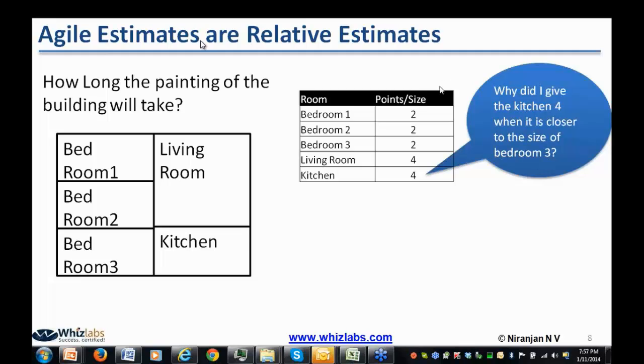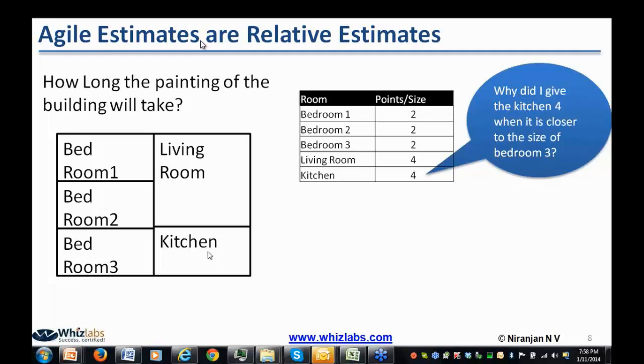Yes. So what it means here is, even though the kitchen is smaller, the complexity of painting the kitchen is more. The kitchen will have certain cabinets, and different places to keep the kitchen utensils and all that.